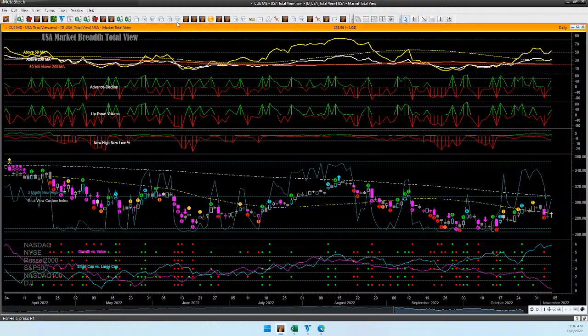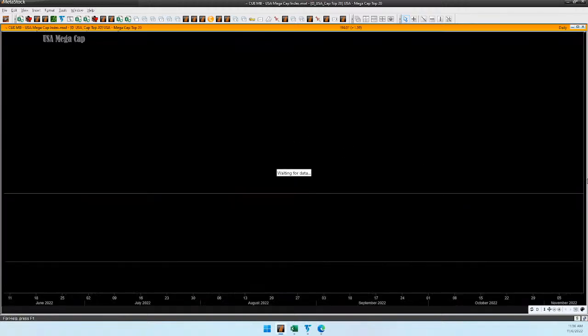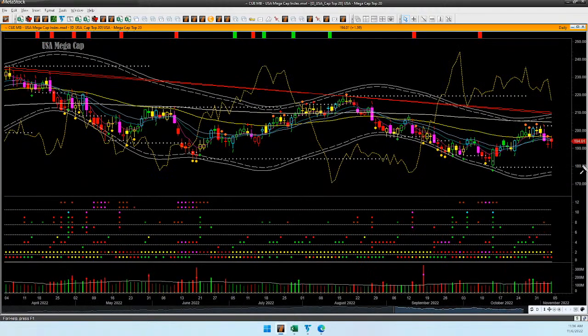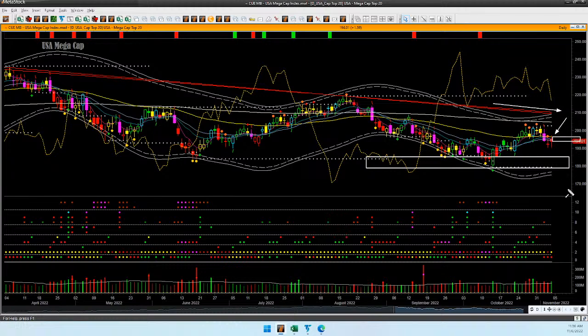What about mega caps? Let's look at the mega cap custom index that is inside a range created by watermark support, trendline resistance right in the middle of the range. Friday's candle shape is indecisive, color is bearish, so I will rather not look for a buy setup in mega cap.